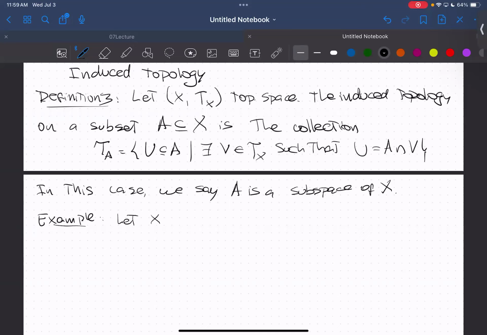Let's take X to be the reals with the standard topology. And now let's take the subset A to be the non-negative real numbers, and let U be from 0 to 1. So let's consider the induced topology on A.